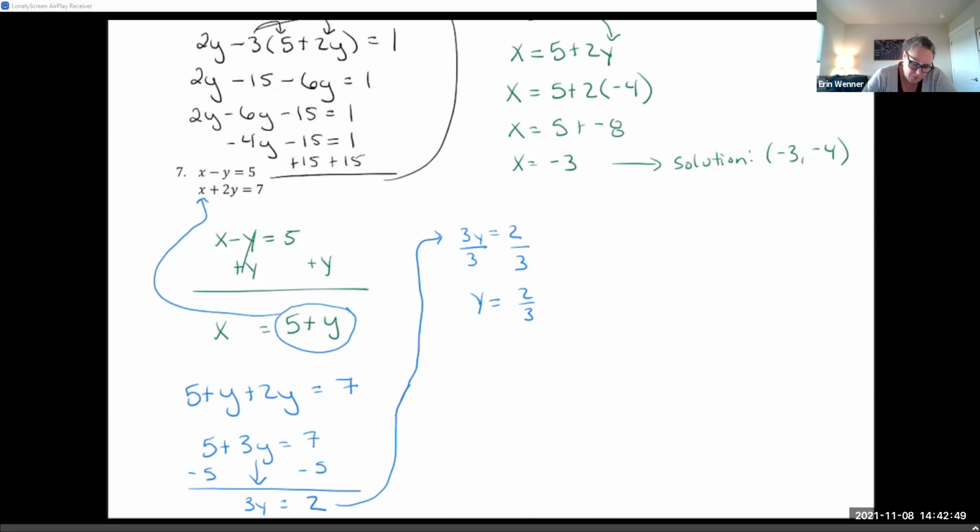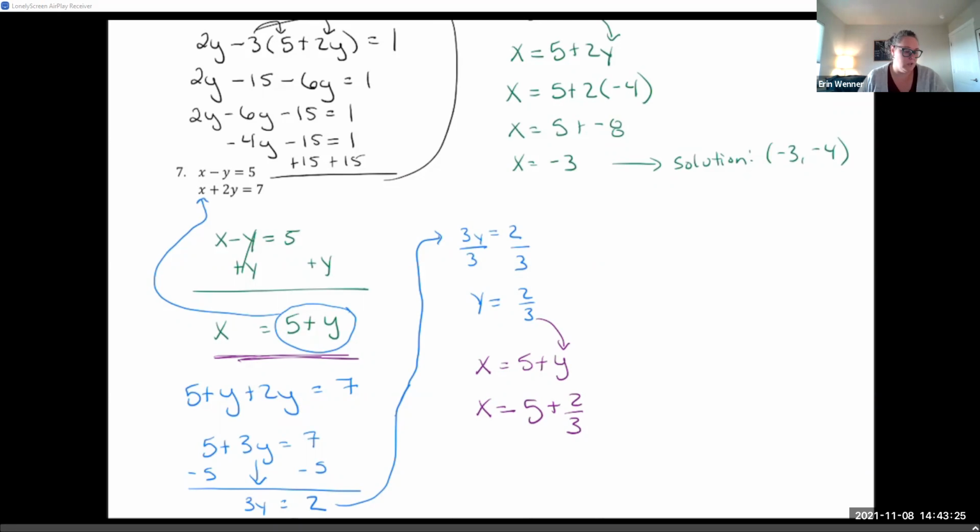So we need to solve for X, right? Again, I'm lazy. The only reason why I'm doing this, I look at this equation right here and go, oh, X is already by itself. Let's use that one. So I have X equals 5 plus Y. Let's plug 2/3 in for Y. Now we could easily just write this as 5 2/3, because it's 5 wholes plus 2/3.